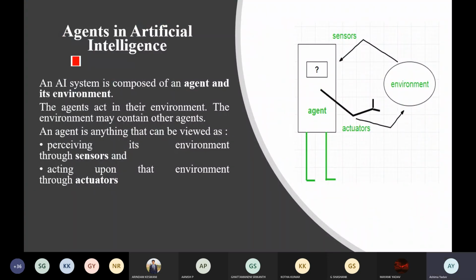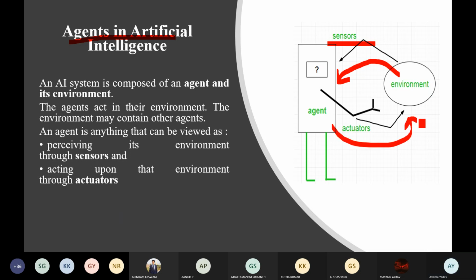Now the agents in AI. So this I've already told in the previous lecture. Agents are something that are able to get the input from the environment, with the help of sensors or various input cameras or any such things, and it can give the output to the environment.